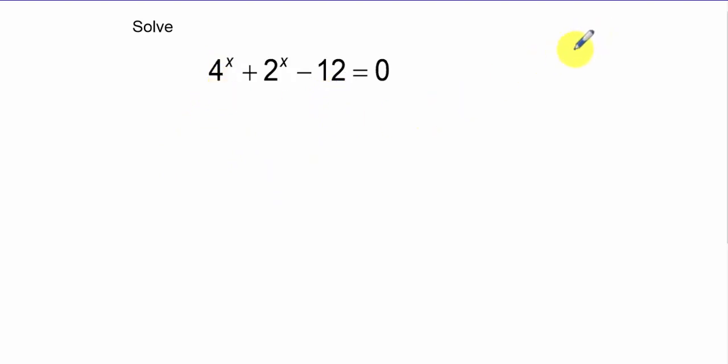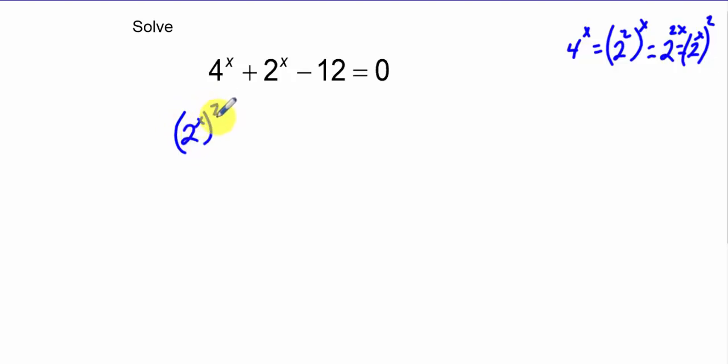I can state that 4 to the x is the same as 2 squared to the x, which is the same as 2 to the 2x, which is the same as 2 to the x quantity squared. So notice, 2 to the x quantity squared plus 2 to the x minus 12 equals 0.